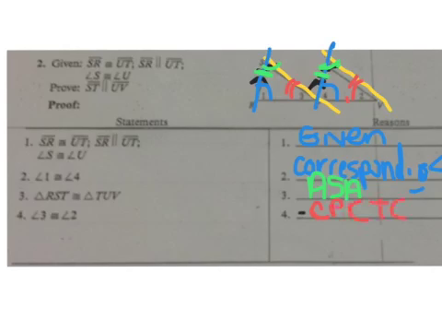Now, we actually have one more step, because we have not proven that the lines are parallel yet, but we actually have what we need. If you look at 3 and 2, they are congruent. They're corresponding angles and they're congruent. So doesn't that make our two lines parallel? It sure does. So we're going to say line ST is parallel to UV.